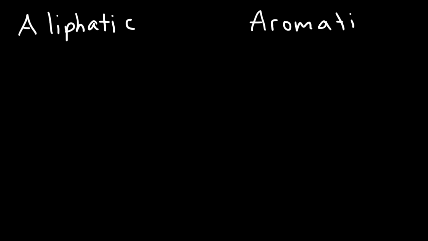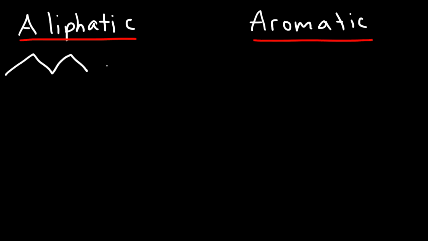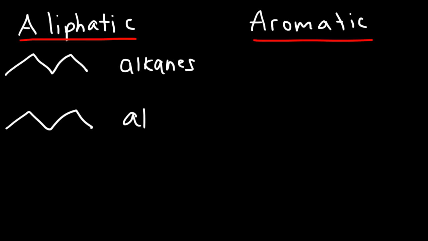Now you have aliphatic hydrocarbons, and you also have aromatic hydrocarbons. So what is the difference between the two? Aliphatic hydrocarbons include molecules such as alkanes, alkenes, which possess carbon-carbon double bonds, and also the alkynes.